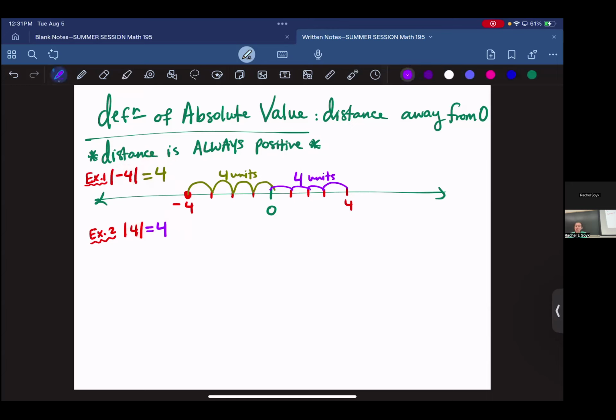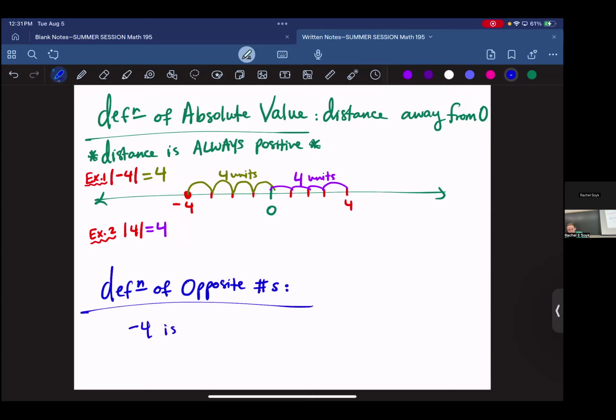Whereas the definition of opposite numbers is different. That's what I think you're thinking of. It's just opposite sign, multiplied by negative. So -4 is the opposite of 4. 4 is the opposite of -4.